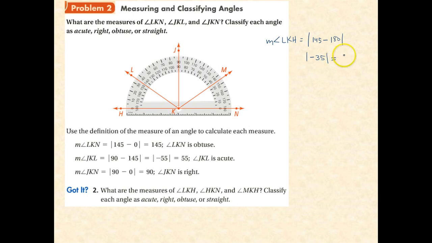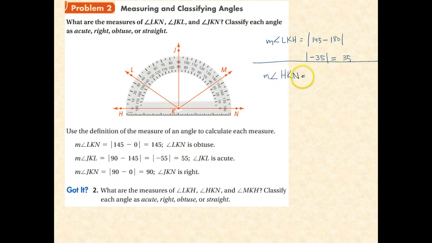Absolute value of negative 35 is 35. And you could have got that also by measuring from this side. 35 degrees.